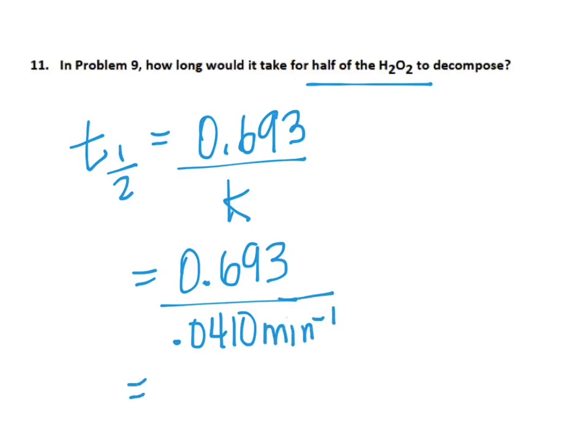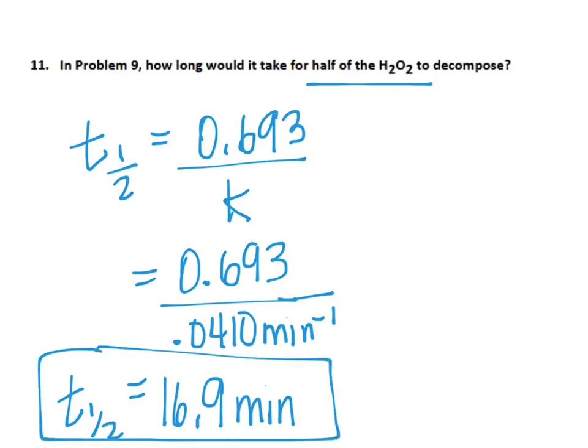So solve for T1/2 for me. 16.9 minutes equals T1/2. Multiply that by 2? Nope, that's right. We're not multiplying by 2. That 1/2 is just letting us know that we're looking at half-life.